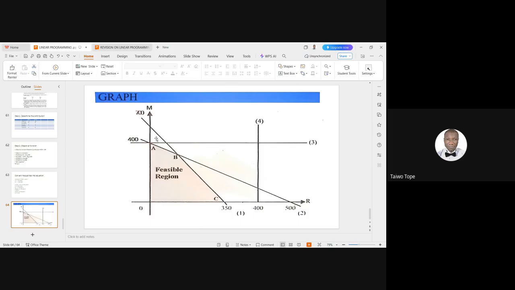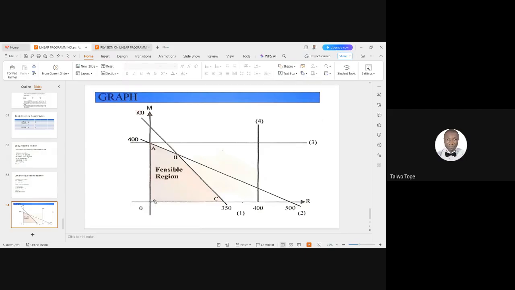So the visible region, this region is what you are concerned about to determine your contribution. So if 400 for M connects to R, this point now is not the point of our concern. The point of our concern is this region here.